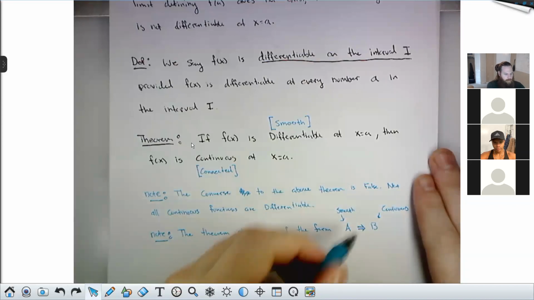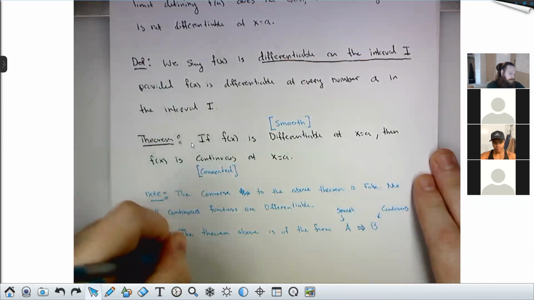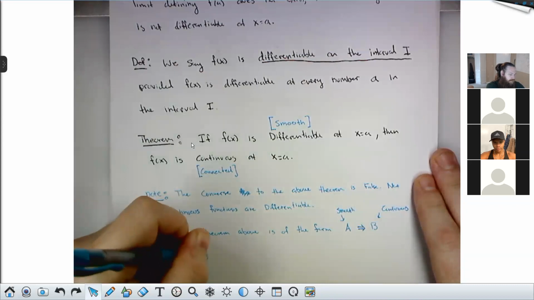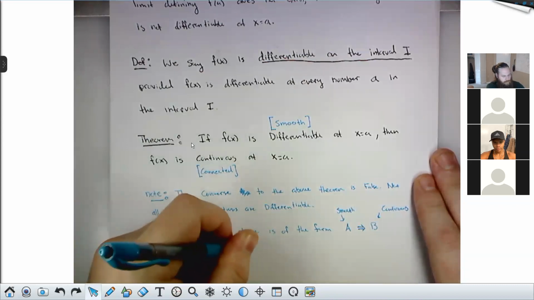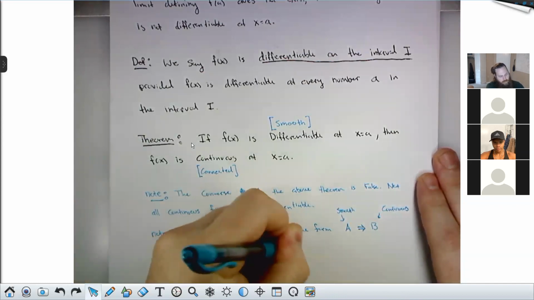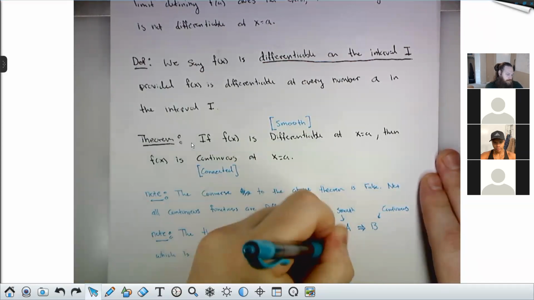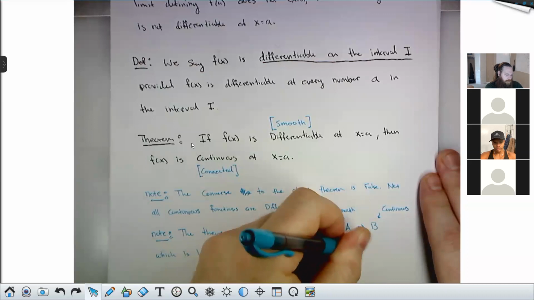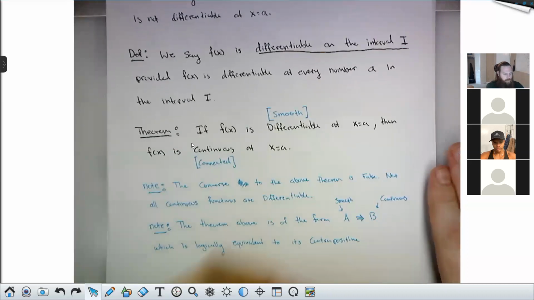This is called an implication, and it's logically equivalent to what's called its contrapositive. So two new logic words for us today, converse and contrapositive.